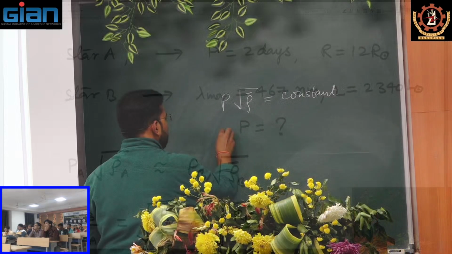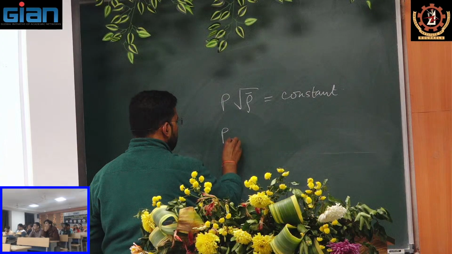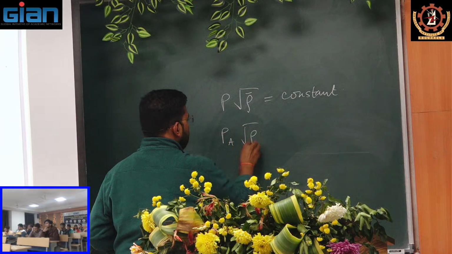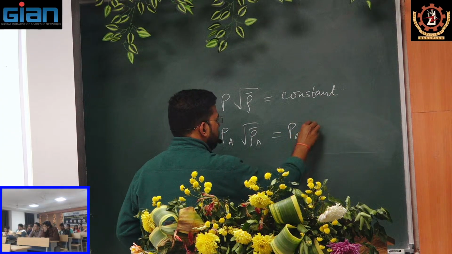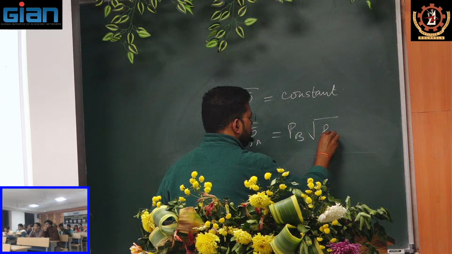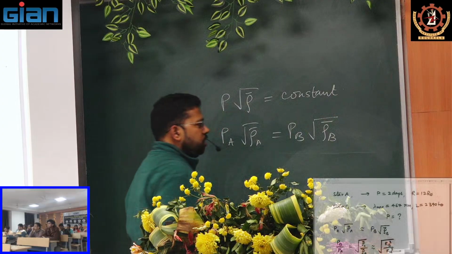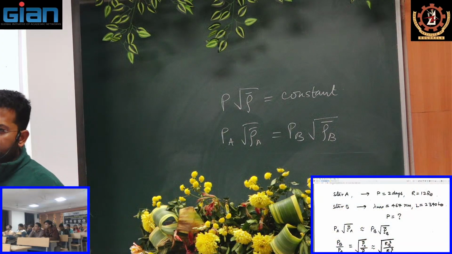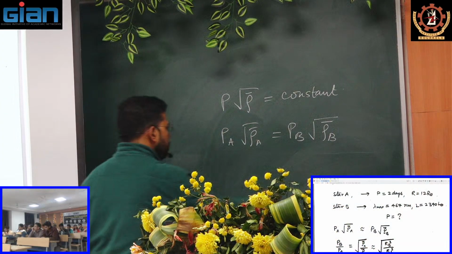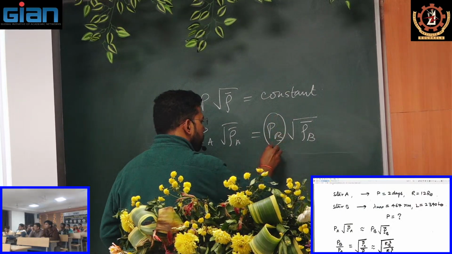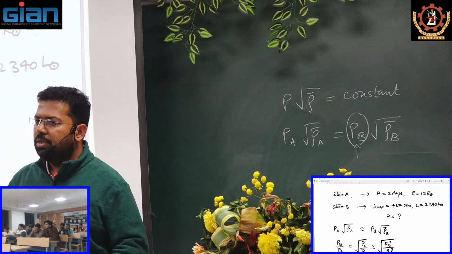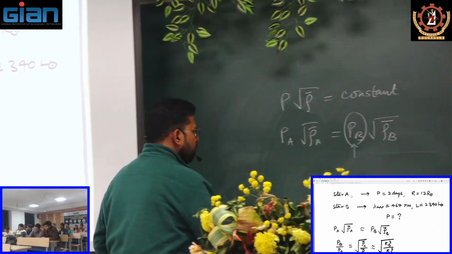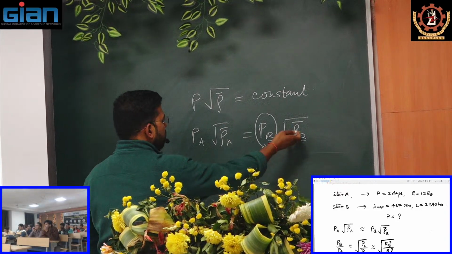If you have two stars, for these two stars you can write this. Right? Can we write that? And in this case, what we want to figure out is the value of PB, the period associated with our star B. So you just simply take it to that side.